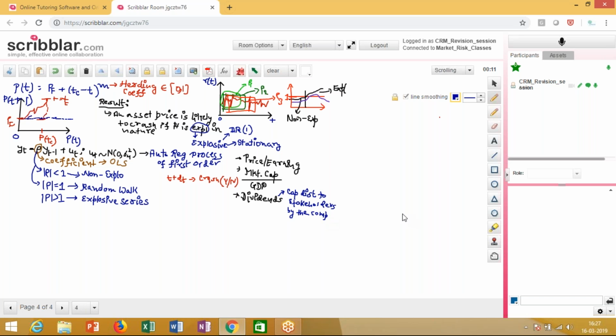Now the question that comes out is, where is it that the company pays the dividends from? The next part is from where they pay this. They pay it from the retained earnings.